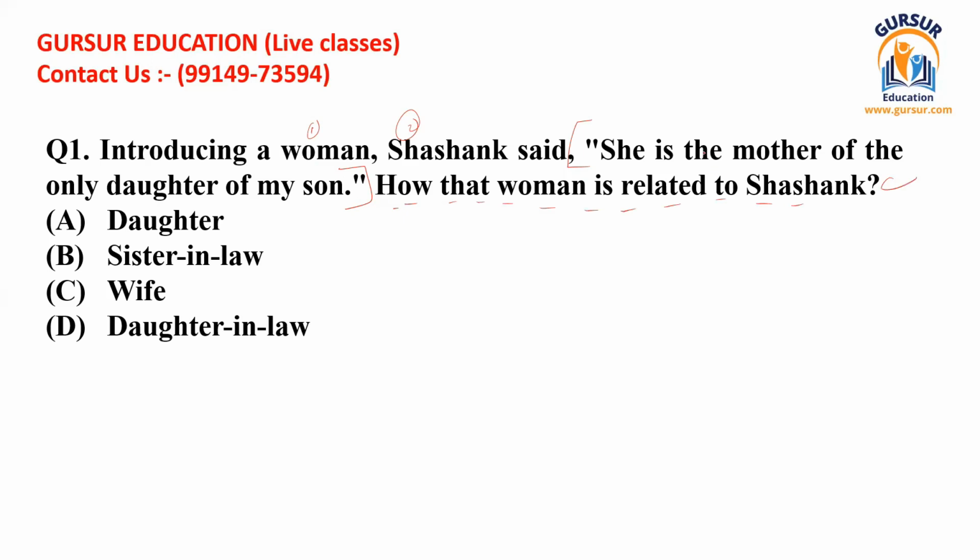Okay, so now I'm going to tell you how to build up the relationship map. First of all, what your strategy should be, you would have already gone through from the questions of number series and letter series as well, and coding decoding as well.